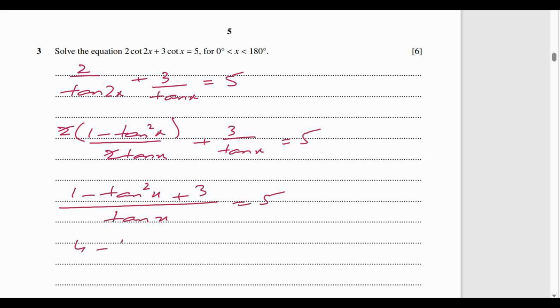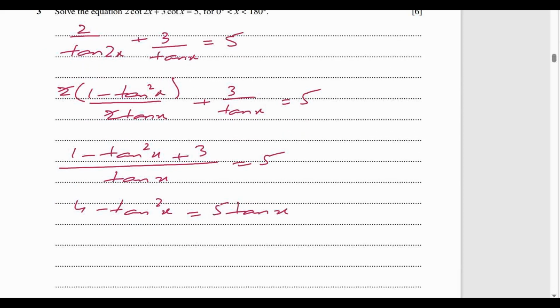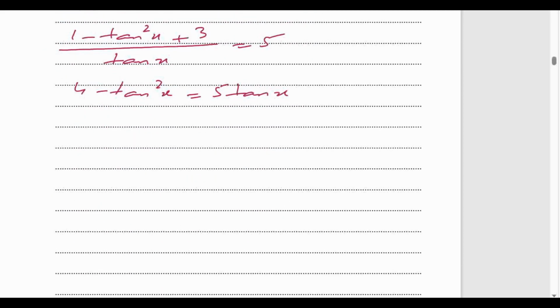So 4 minus tan square of x is equals to 5 tan of x. If we rearrange it, this will be tan square of x plus 5 tan of x minus 4 is equals to 0.